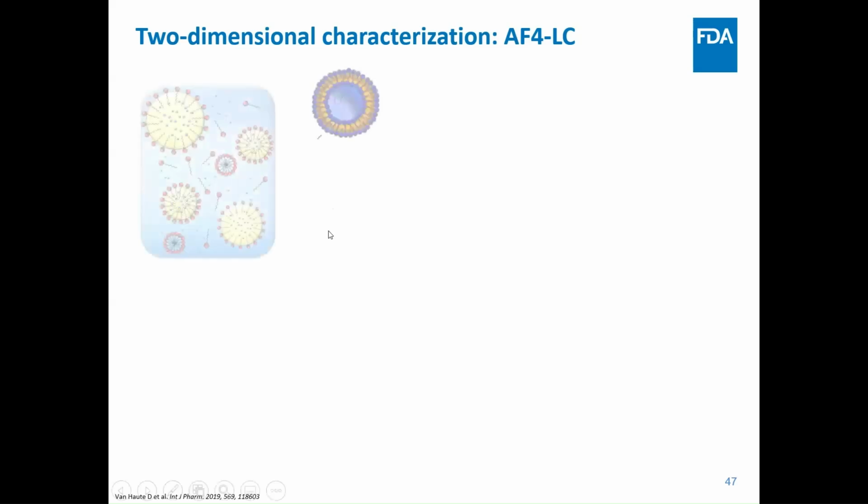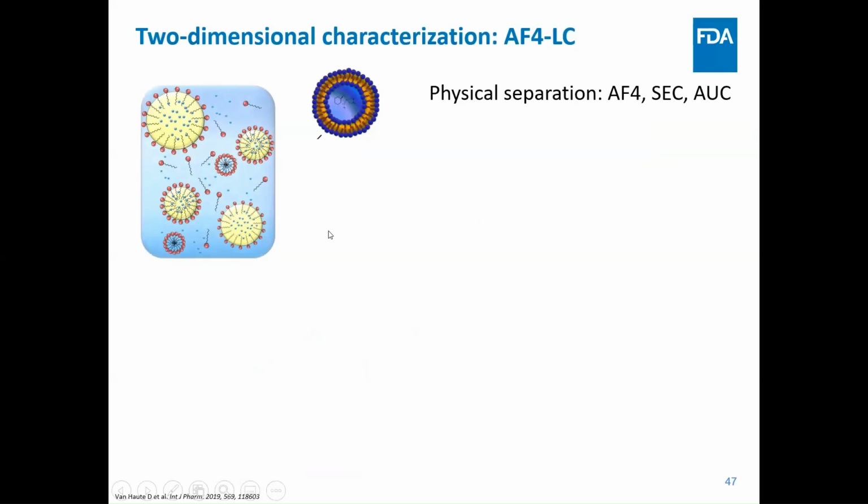Okay, so far, I talked a lot about the characterization using AF4, but you may notice that most of the properties I talked about relate to physical properties: size, charge, density. But for a complex drug we want to know more.